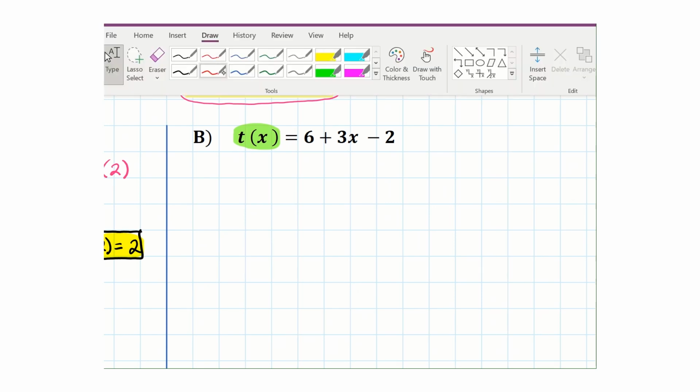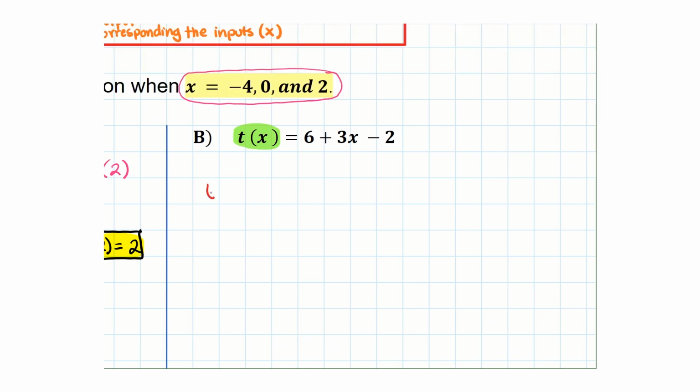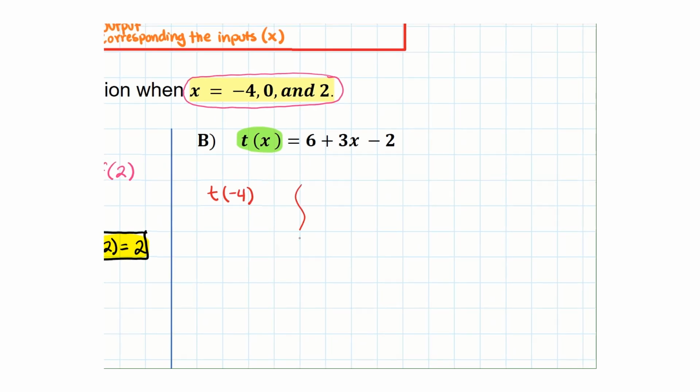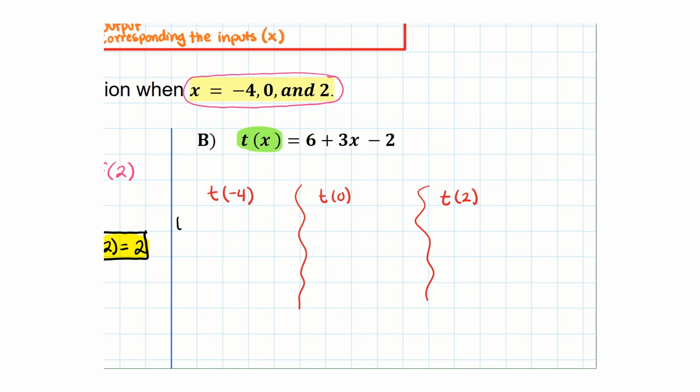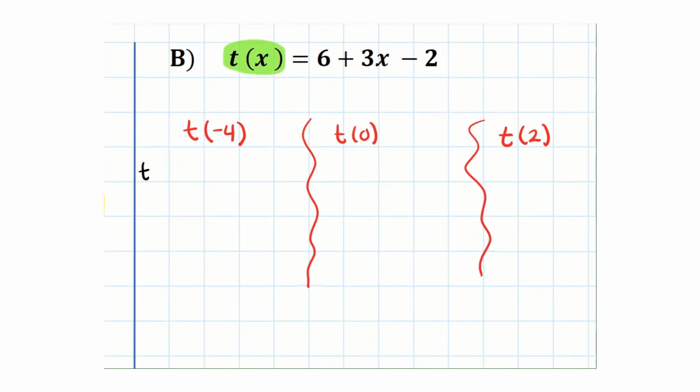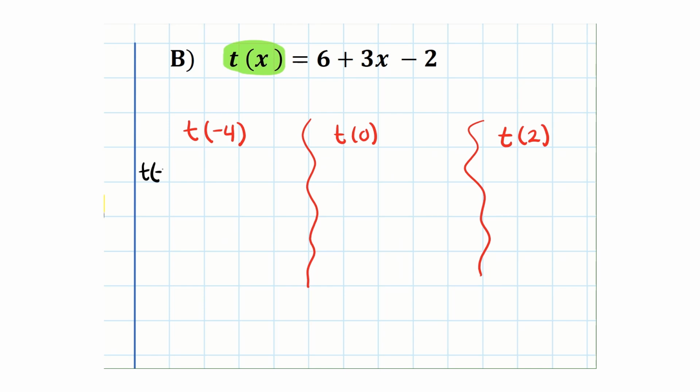Now let's go ahead and repeat the process for our other rule, which is 6 plus 3x minus 2. Again, we're going to have three different columns since we have three different inputs, so we're going to get three different outputs. Let's go ahead and set it up. There are three terms, but only one term has x, so there's only one place in this equation that we're going to replace with -4.